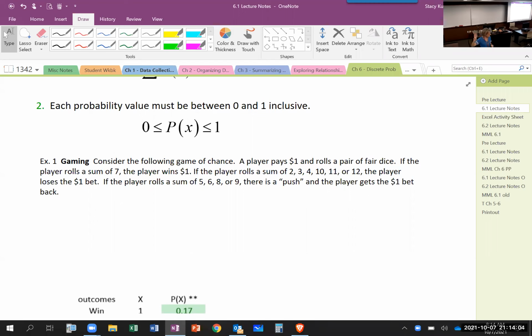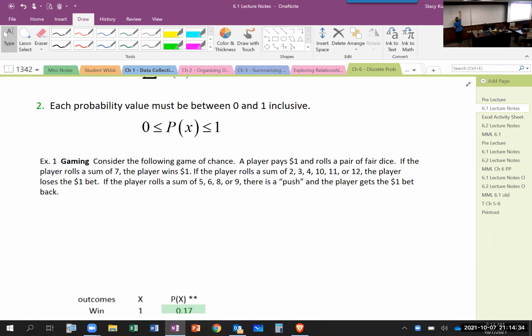Now, each of these outcomes has an associated probability. Did we not learn the other day that there was a probability to rolling a 7, right? On your papers, I want you to write down: a win, that's if I roll a 7.